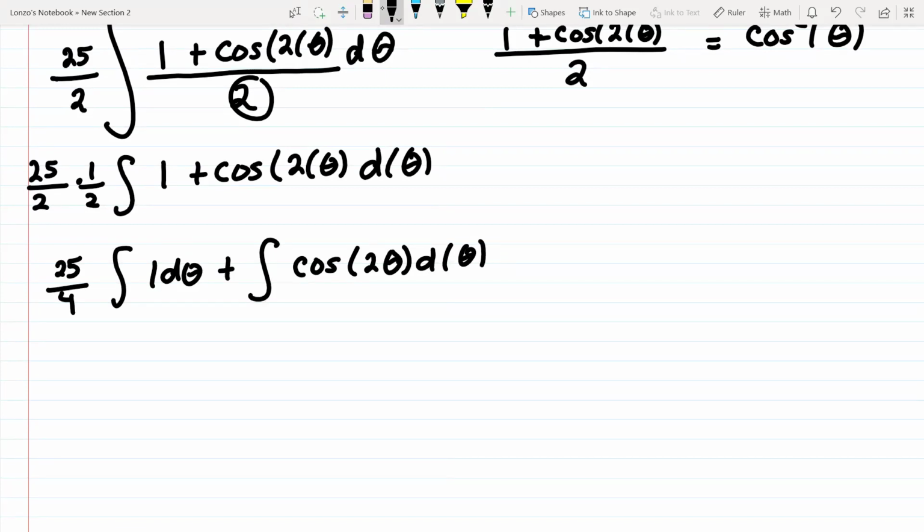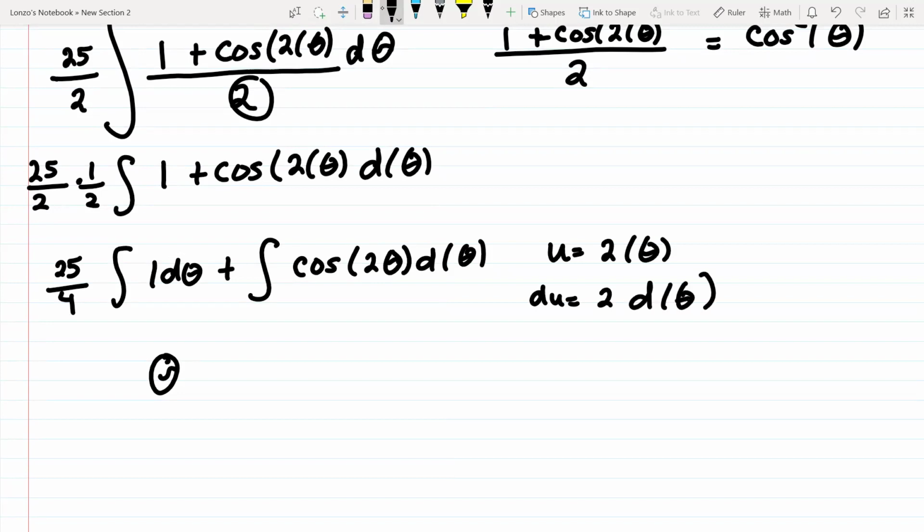So what is the integral of 1 d theta? It's just theta. And then what is the integral of cosine 2 theta d theta? You might have to do a u substitution. I'm going to use u equals 2 theta, and then du would be 2 d theta.